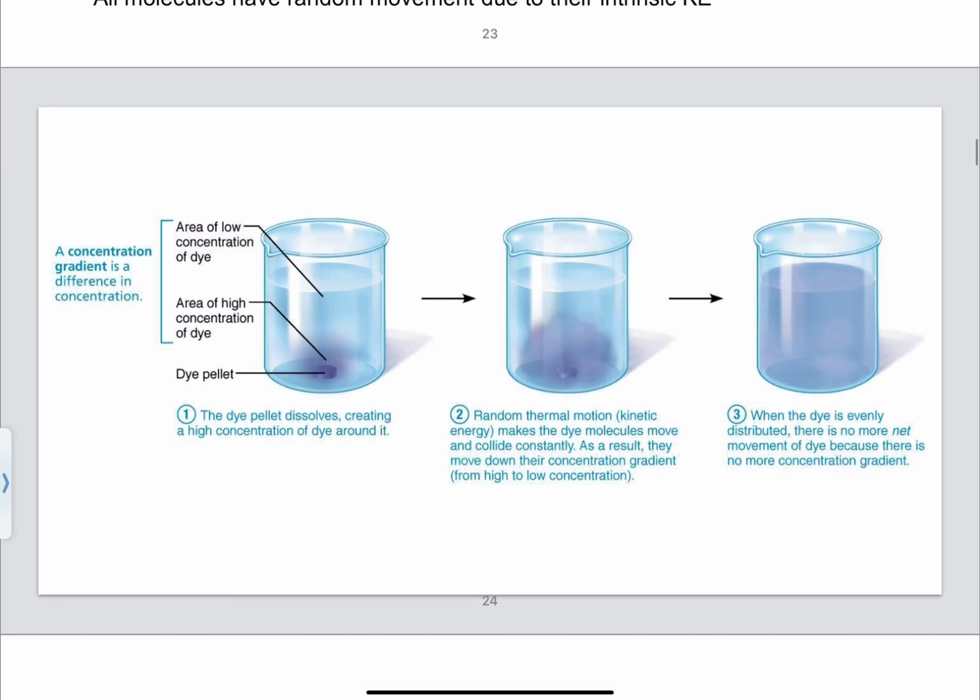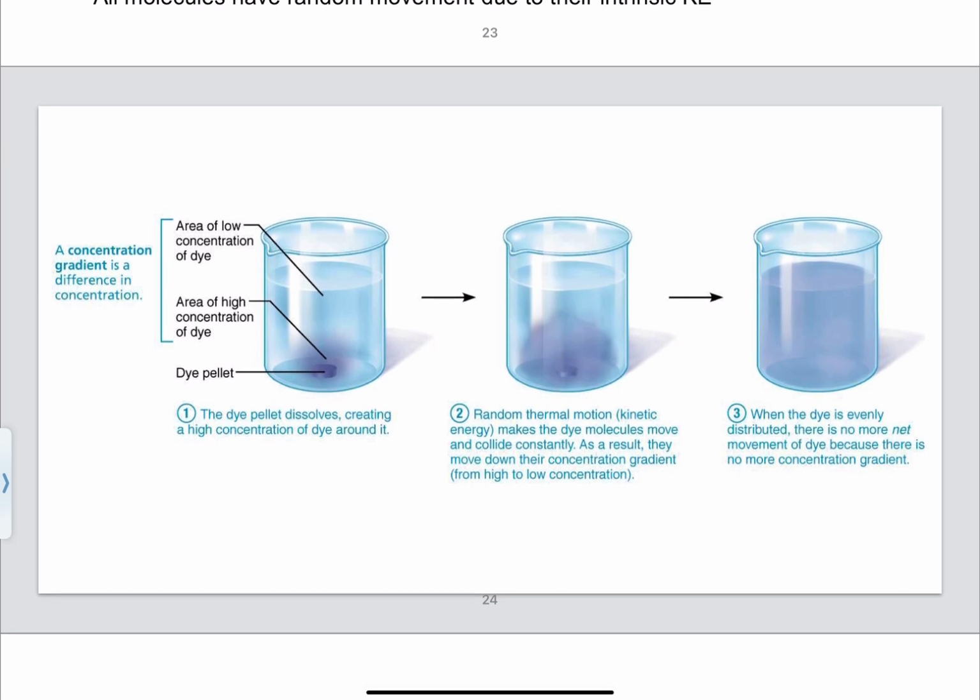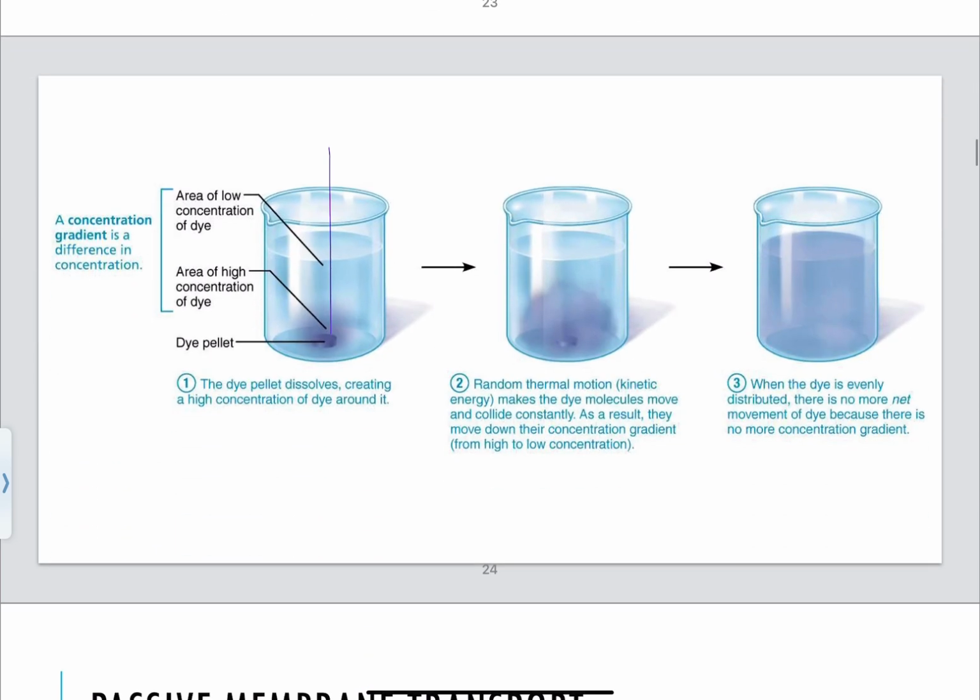So for example, if you take a dye pellet and put it in a beaker full of water, a dye pellet is extremely concentrated. If you just put the dye pellet into the beaker of water, it will naturally diffuse down its concentration gradient from the area of high concentration, which is the dye pellet, to the area of low concentration, which is all of the surrounding water. This naturally happens. We don't have to heat it up or provide any energy in order for it to naturally diffuse.